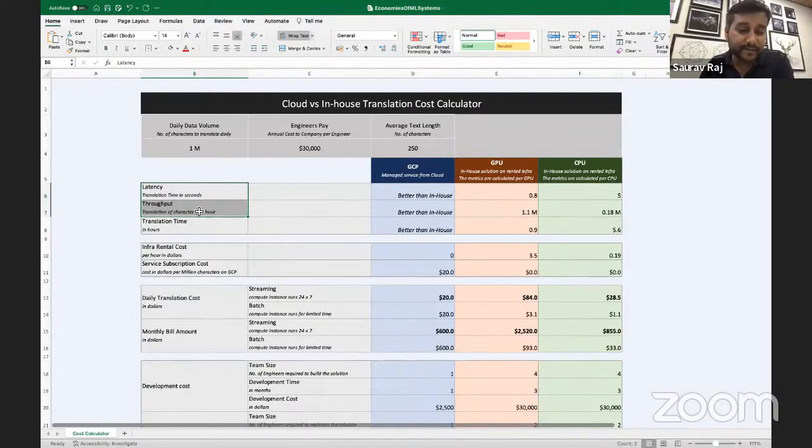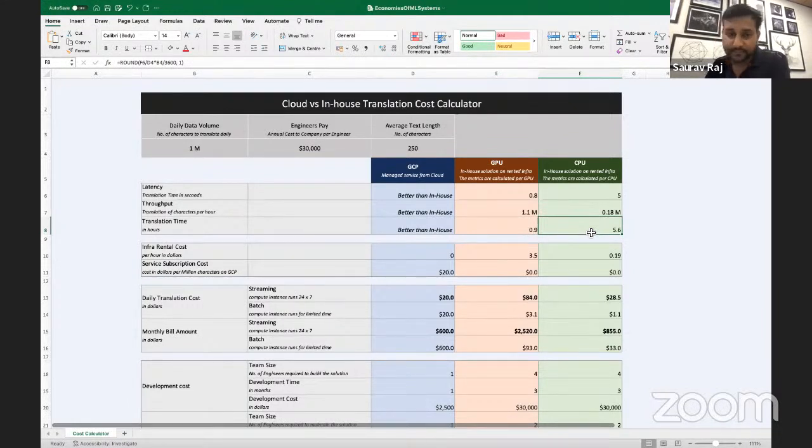That is why it is important to highlight these metrics. So finally, to translate a daily data volume of 1 million characters, the time it takes on the in-house GPU infrastructure is 0.9 hours, and it takes 5.6 hours on the in-house CPU infrastructure.